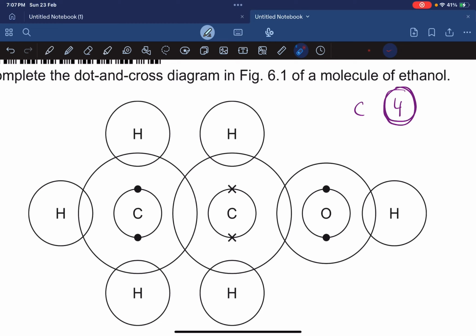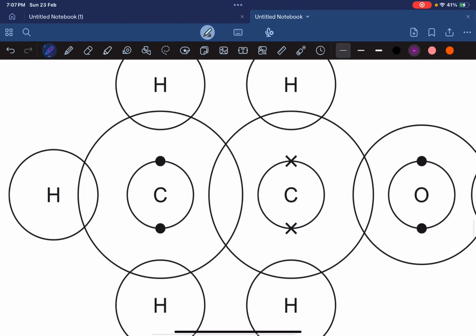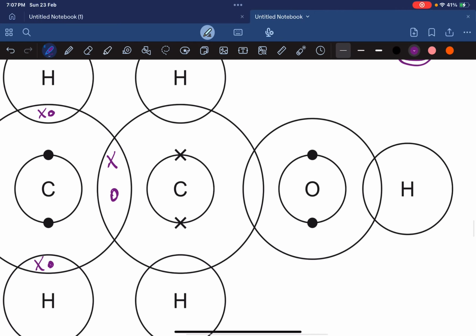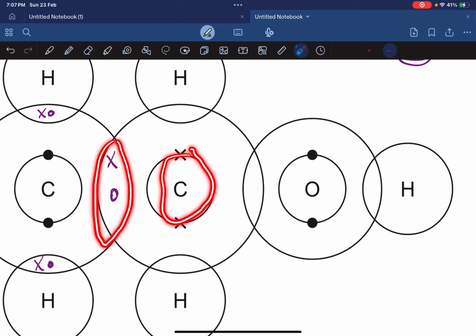Okay, so let's draw all the bonds of carbon. It is going to be this, and this. This carbon also can make 4 bonds. It has already made one bond with this carbon. Now it will make one with hydrogen, one with this hydrogen, and one with oxygen. 4 bonds completed.